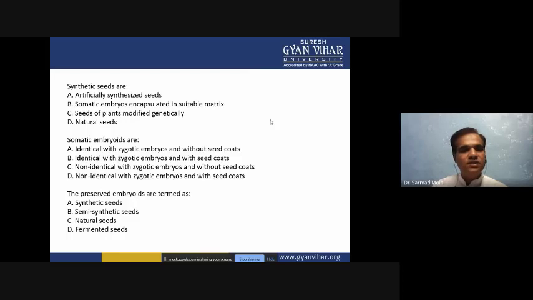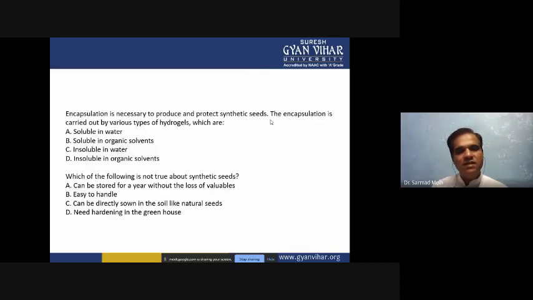Next question: somatic embryos are option A, identical with zygotic embryos and without seed coat, option B, identical with zygotic embryos and with seed coat, option C, non-identical with zygotic embryos and without seed coat, option D, non-identical with zygotic embryos and with seed coat. Then next question: the preserved embryos are termed as option A, synthetic seeds, option B, semi-synthetic seeds, option C, natural seeds, option D, fermented seeds. Again you have to select the correct answer.